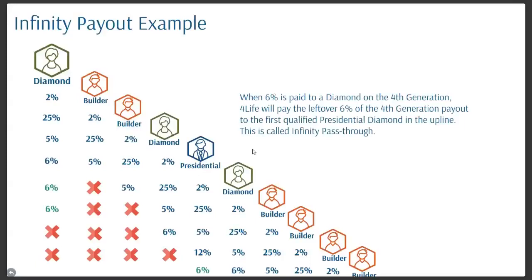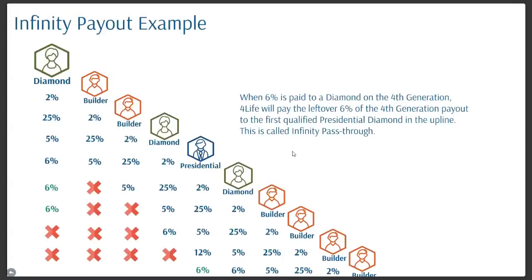I told you that 4Life is always going to dedicate 64% towards the commissions of distributors on every single LP that is associated with product purchases. And 58% of that goes into these payouts that we've been talking about today. So if we only paid 6% here and then just kept that other 6% and jumped over to the 3%, then we'd be taking 6% out of the compensation plan. But we don't do that, right?